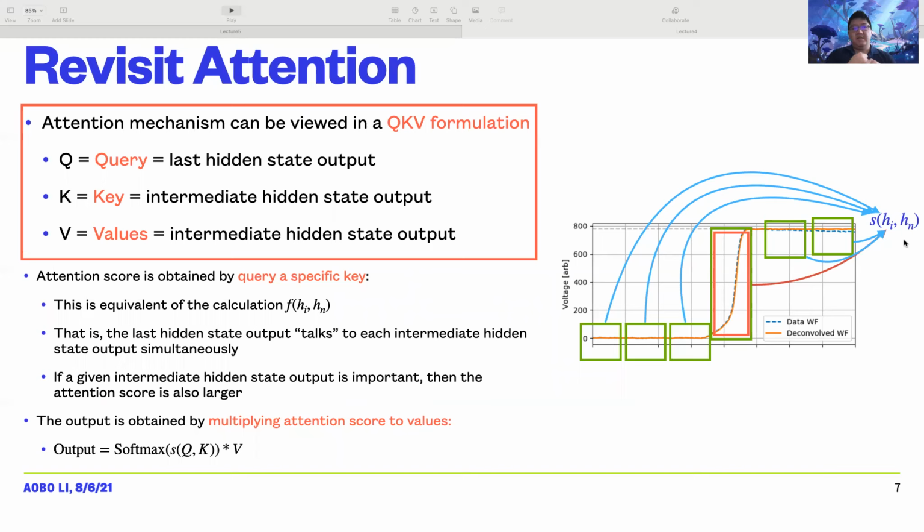So if a given intermediate hidden state output is important, then the attention score will also be larger, as we mentioned on the last slide. And the output is obtained by multiplying attention score to values. So for example, here I rewrite the output as a softmax of the attention score, which is calculated from the query and keys, and then multiply it to the values, which is also the intermediate hidden state output.